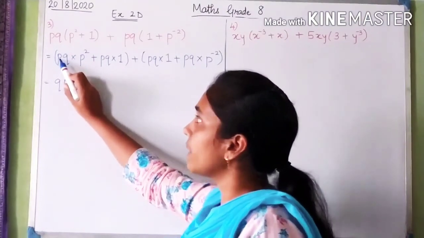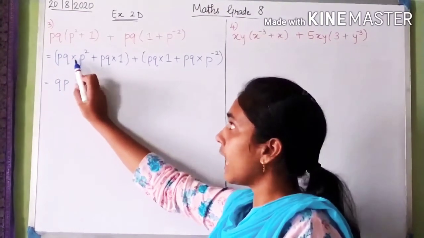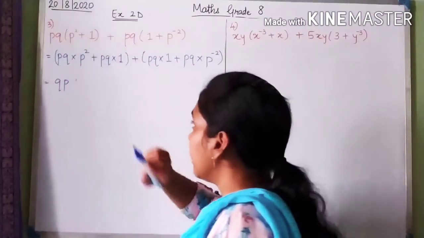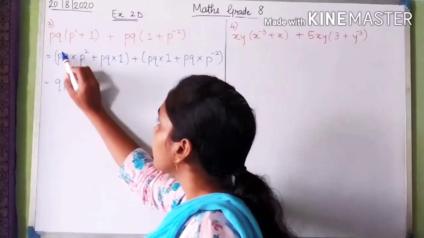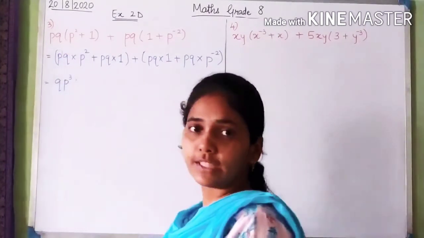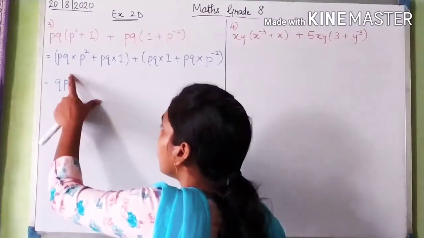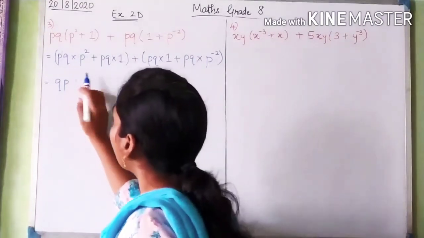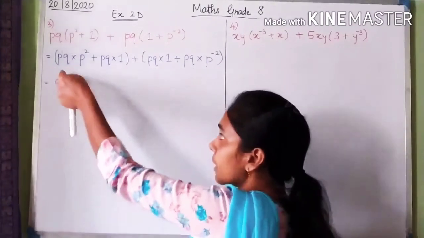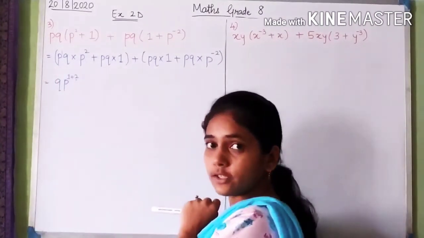See, there is one base p, another base p, and they are multiplied. So what do we do? We add their indices, right? So here I have to add the index of this 1 and this 2. So 1 plus 2 will give me 3. Okay? To make it simpler, I'll write one more step. I'll write here 1 plus 2. Okay? So this becomes q p raised to 1 plus 2.